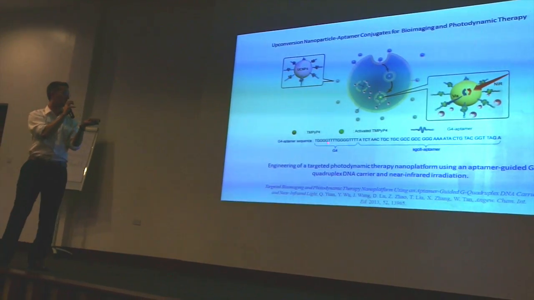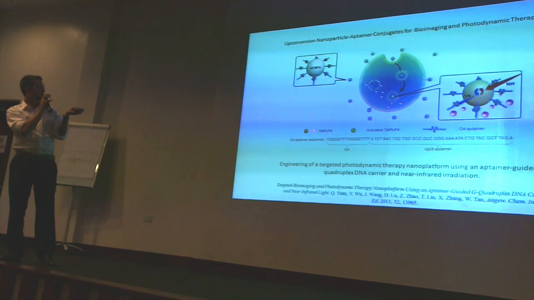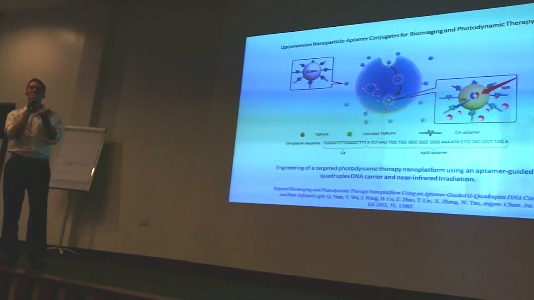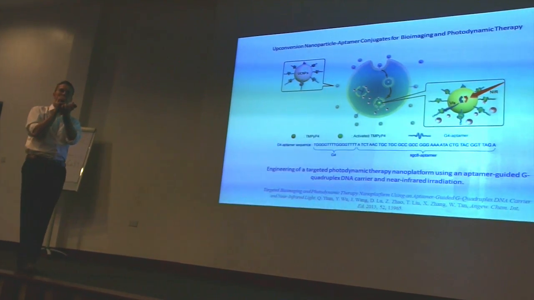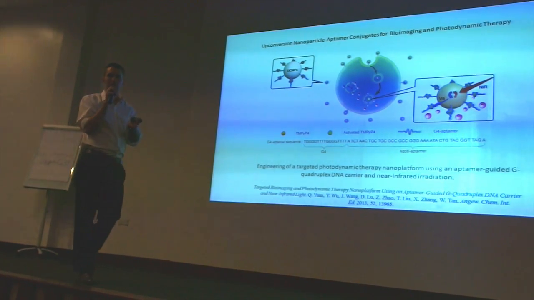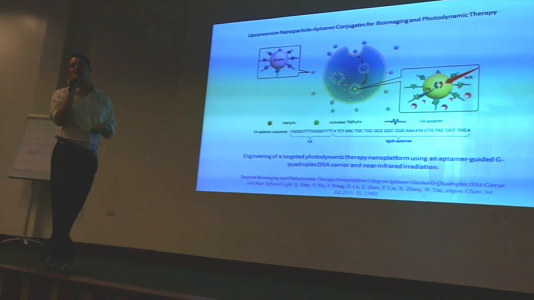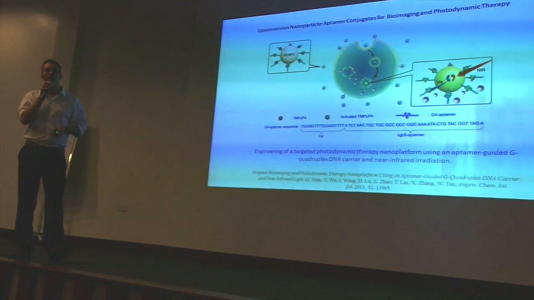To this quadruplex structure, we're able to add the photosensitizer, TMPyP4. Those are able to stay there thermodynamically, tested for many hours, and it did not diffuse in our serum and enzyme-based model.